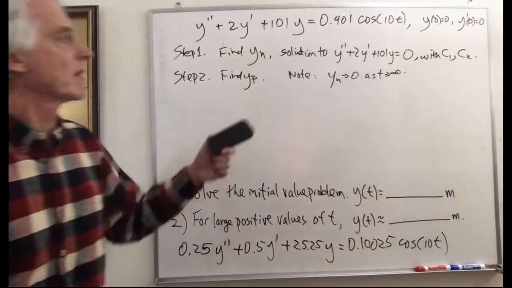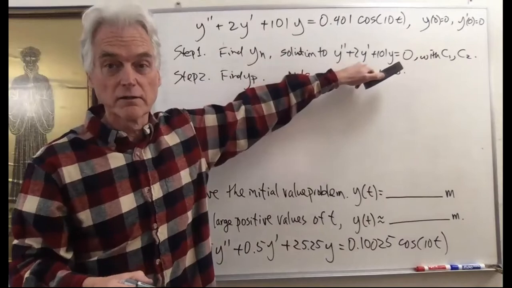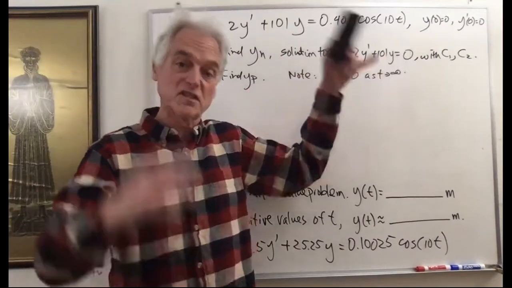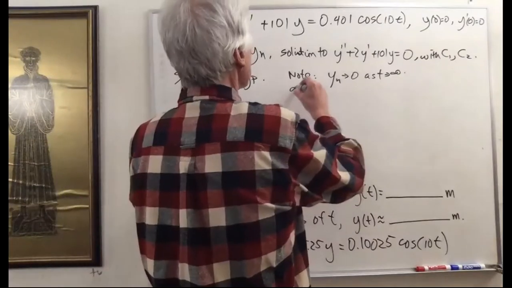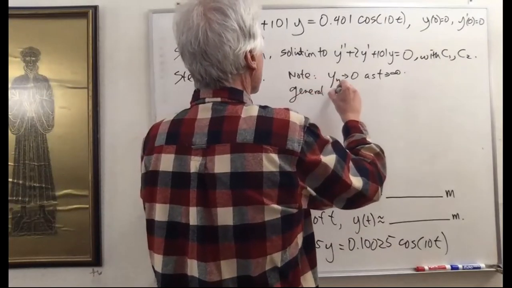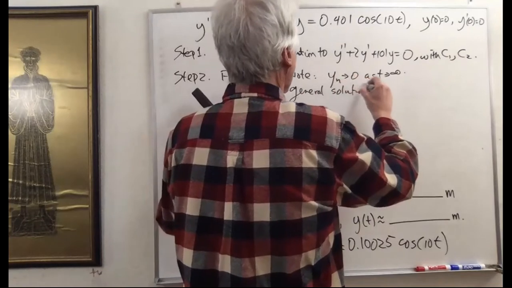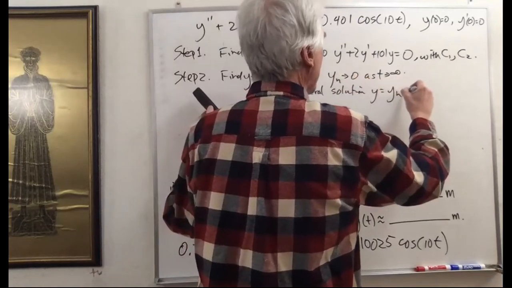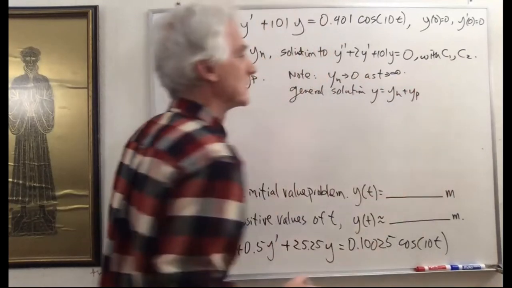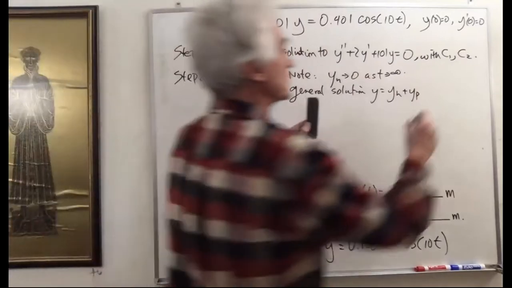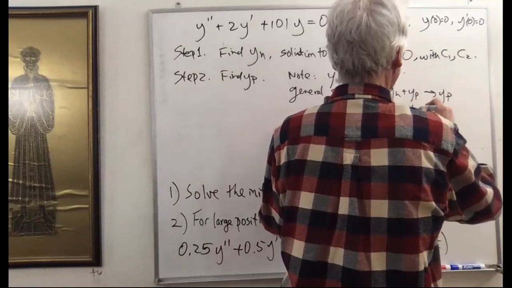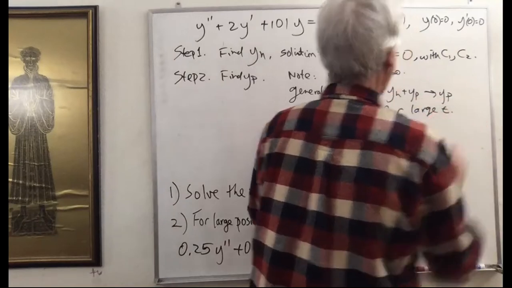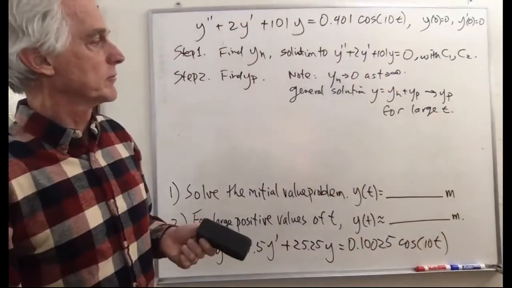When t is large, because there is damping here, the solution to this homogeneous equation will go to 0. So the general solution, which is y equals YH plus YP, just approaches YP for large t, because that goes to 0.